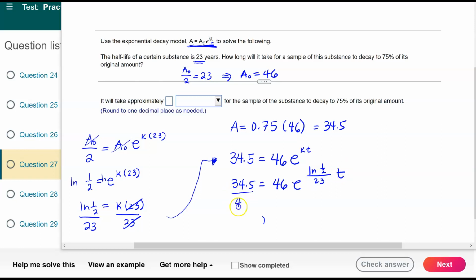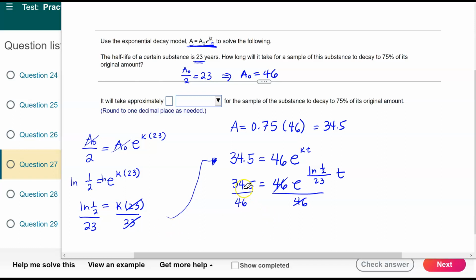Now let's divide both sides by 46, and then you simplify that and solve for t. When you simplify this, that is just equal to 0.75.